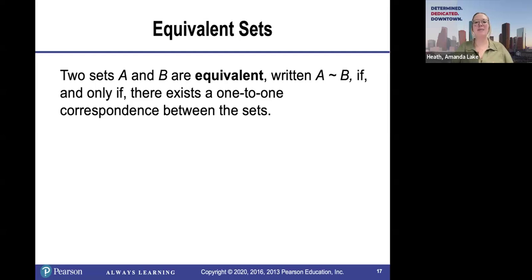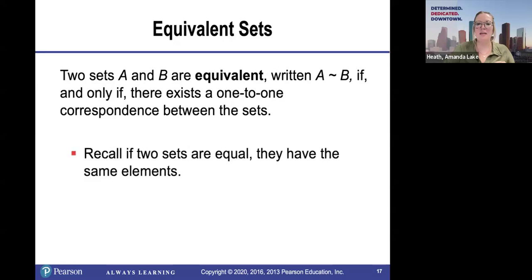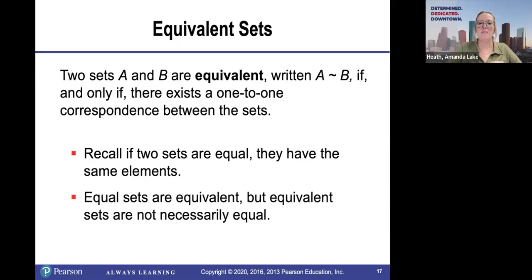Two sets A and B we call equivalent if there exists a one-to-one correspondence between the sets. If two sets are equal, they have exactly the same elements. But if two sets are equivalent, they don't necessarily have the same elements. So equal sets are equivalent, but equivalent sets are not necessarily equal.